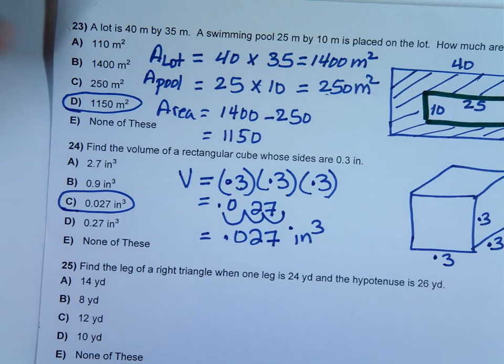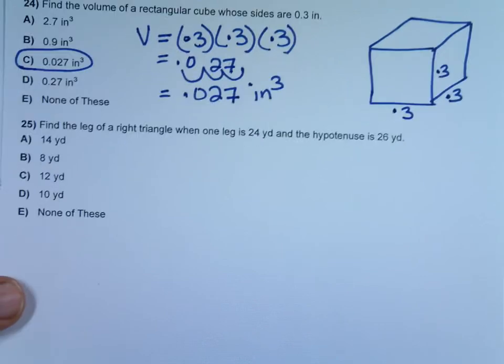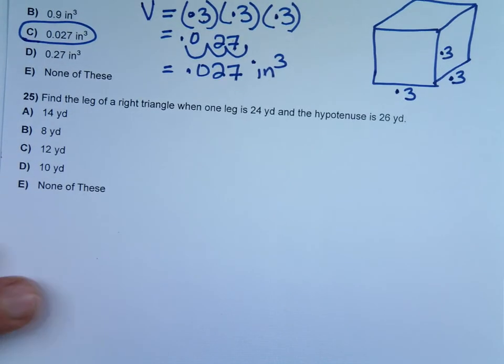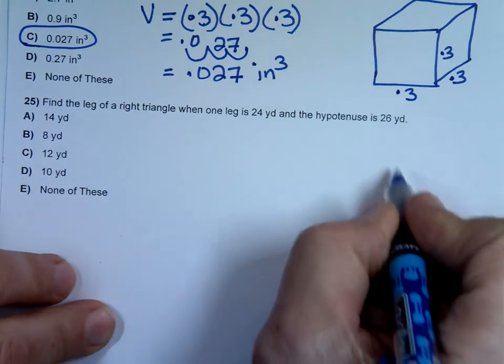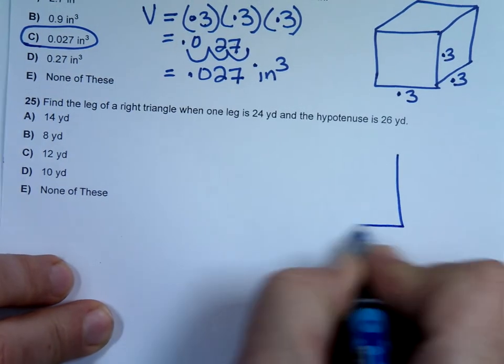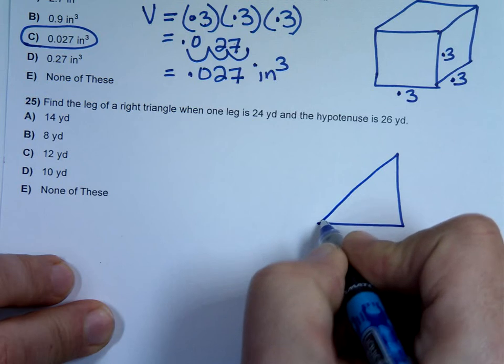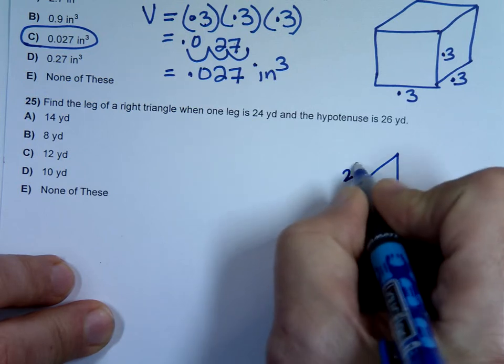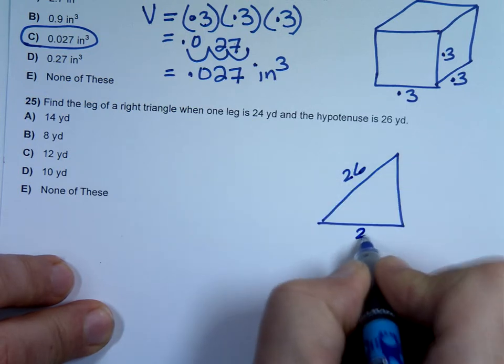And the last question from chapter 11, section 6 here, we have a right triangle. We know the hypotenuse, that's this side, 26. We know this one's 24. Can you find that side?